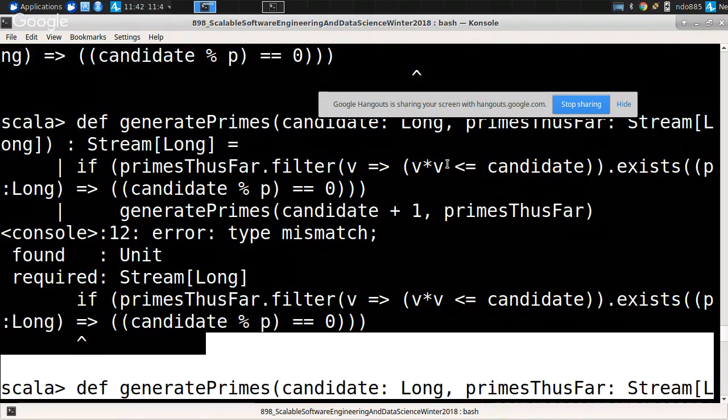Yes, because 5 is greater than the square root of 7, which is somewhere like 2 point mumble. And 3 would also be a prime in primes thus far when considering 7.